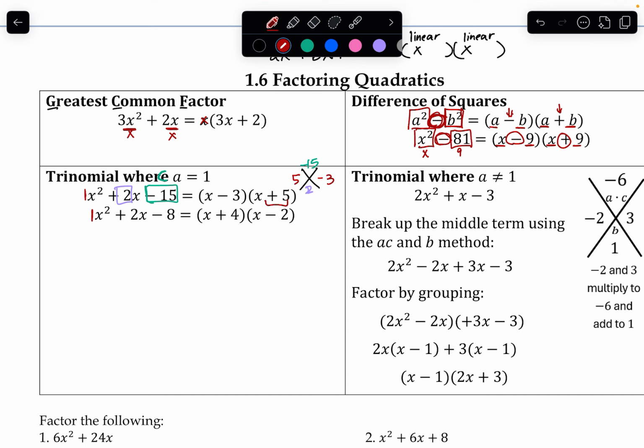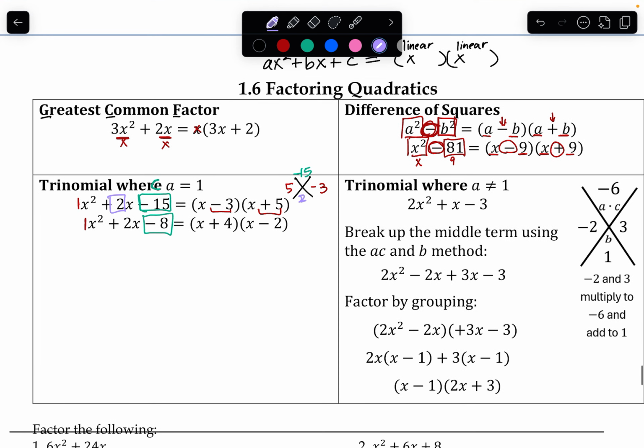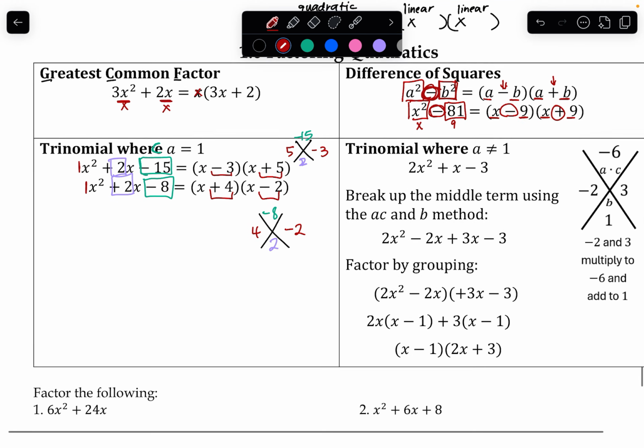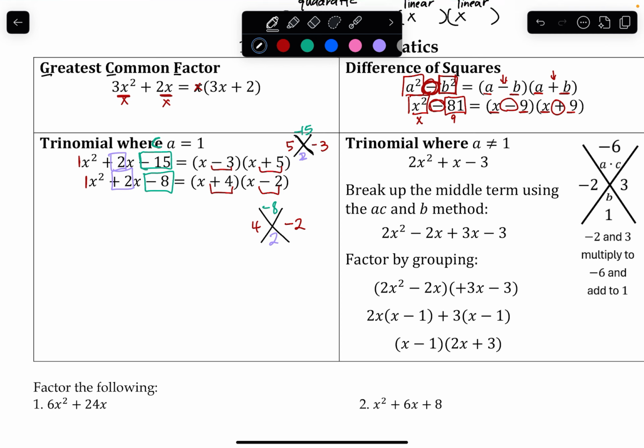So you would just put x plus 5 as one of your factors and x minus 3 as the other. In the next example, we're looking for two numbers that multiply to negative 8, but add to 2. Those would be 4 and negative 2. So you see the 4 here, negative 2 here. The order doesn't matter. I call those the magic numbers, and I use this x to organize my information and have something to look at.